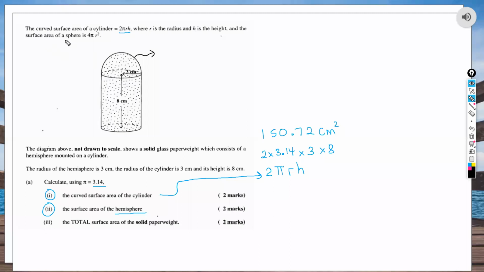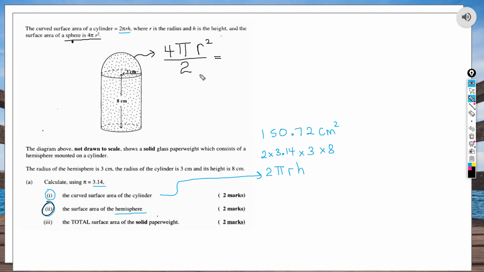The surface area of a sphere is 4 multiplied by pi multiplied by r squared. But when they say sphere, they mean a full sphere. That's not a full sphere on top, that's half of a sphere. So we have to divide it by 2. It's a little small trick. So for part 2, we have to use this formula now.